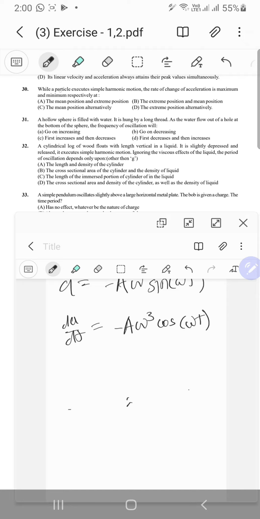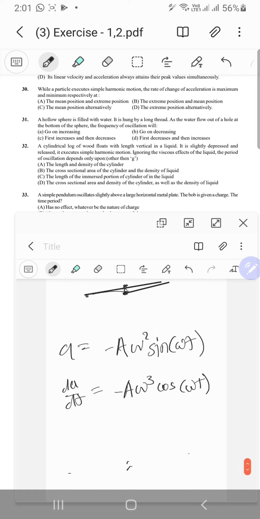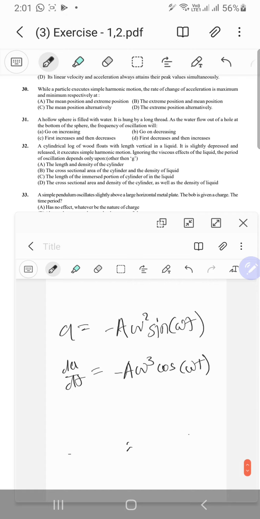So you want maximum and minimum. Maximum at mean position. A rate of change of acceleration. What? Do they mean the magnitude or what? Extreme position, alternatively, extreme position and mean position.